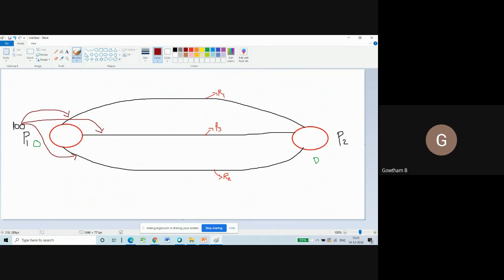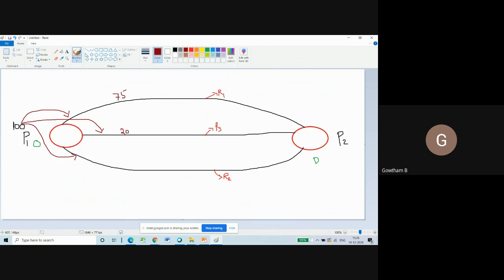Now, why is it important to assign these 100 trips to three different routes? Let me assume that out of these 100, 75 vehicles are using this road, 20 vehicles are using road number 3.